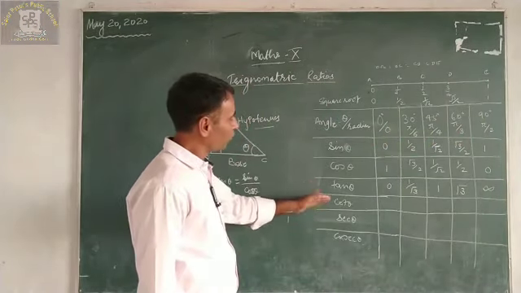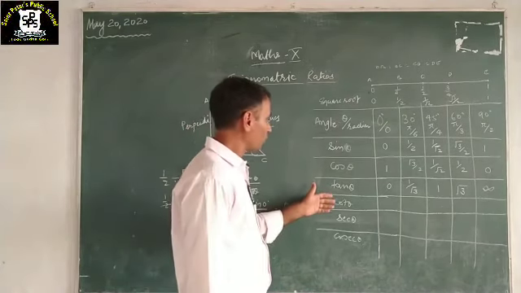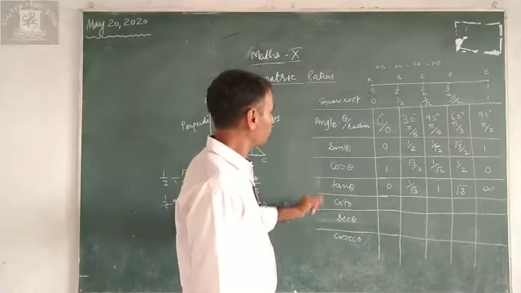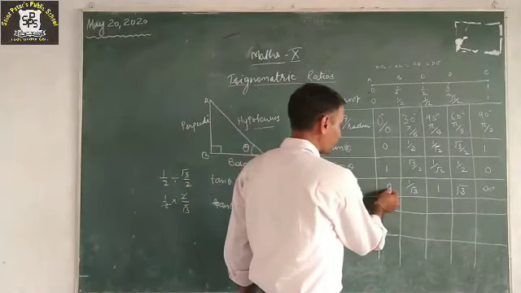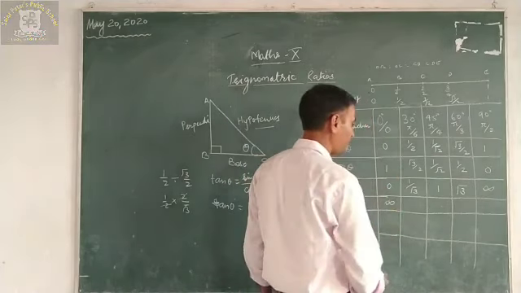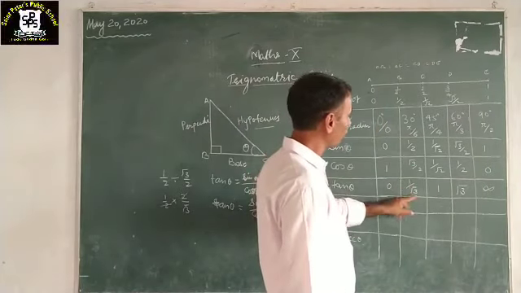So to find the value of cot theta, we know that cot theta is equal to what? The reciprocal of tan theta. So the value of tan 0 degree is 0, and the reciprocal of 0 will be what? Infinite. The value of tan 30 degree is 1 upon root 3.